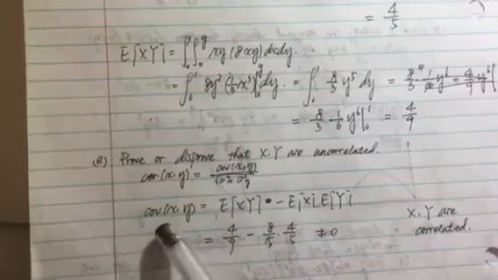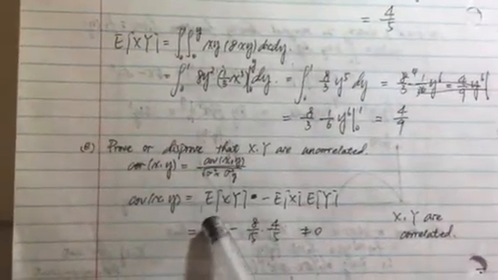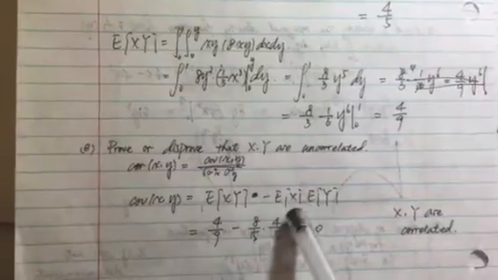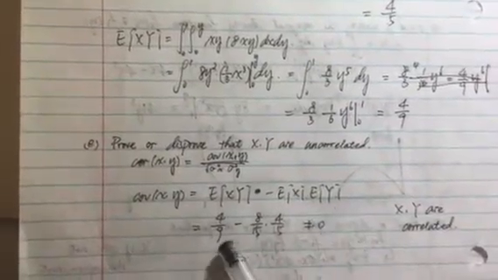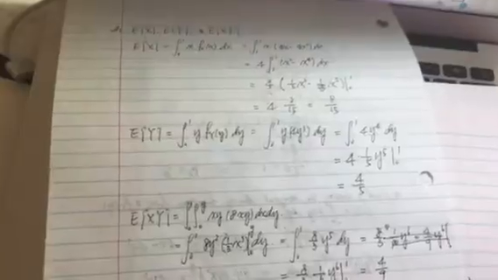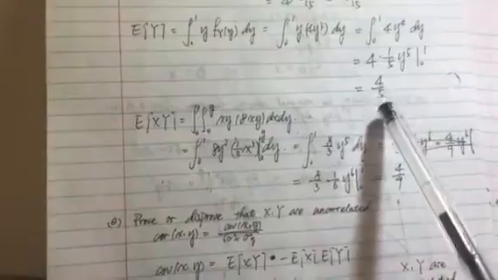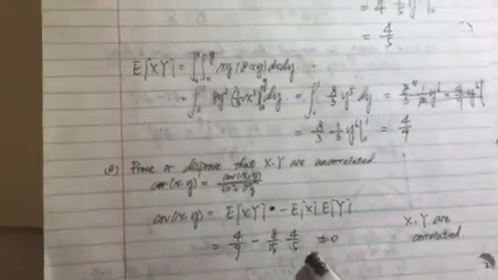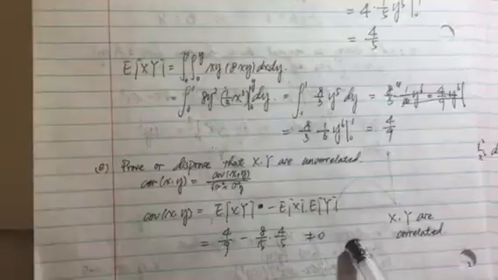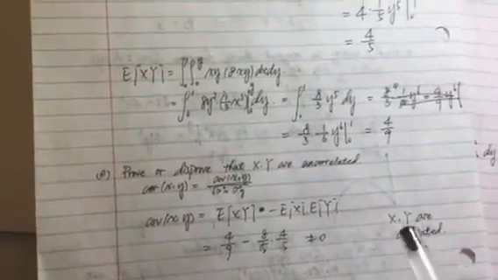And the covariance of XY here is just the expected value of XY minus the expected value of X times the expected value of Y. And we already got this from part D. We know that the expected value of XY is 4/9 minus the expected value of X, which is 8/15, times the expected value of Y, which is 4/5. And we get this, which is not equal to 0, and that proves that X and Y are correlated.